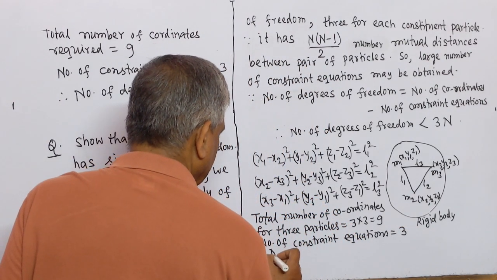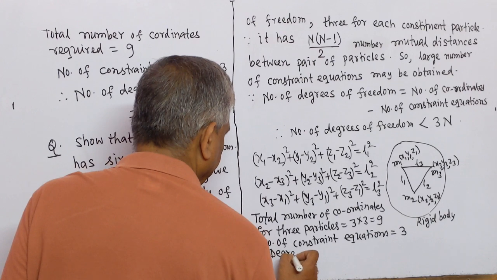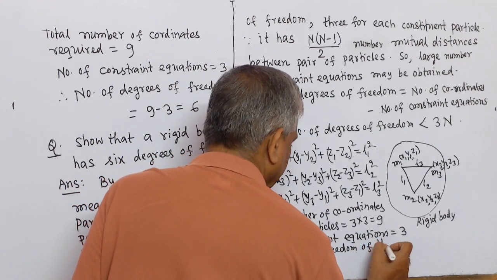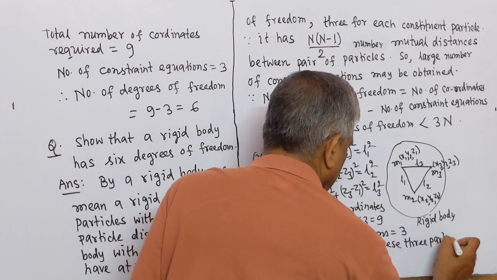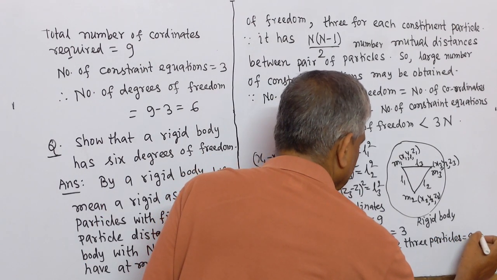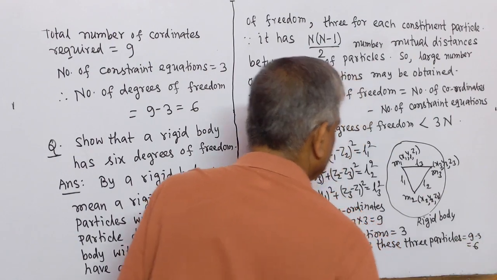Therefore, the degrees of freedom of these three particles equal 9 minus 3, equal to 6.